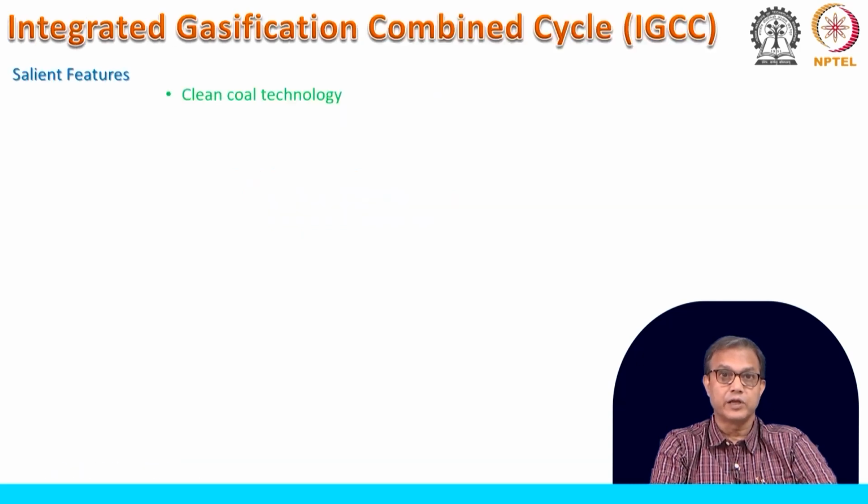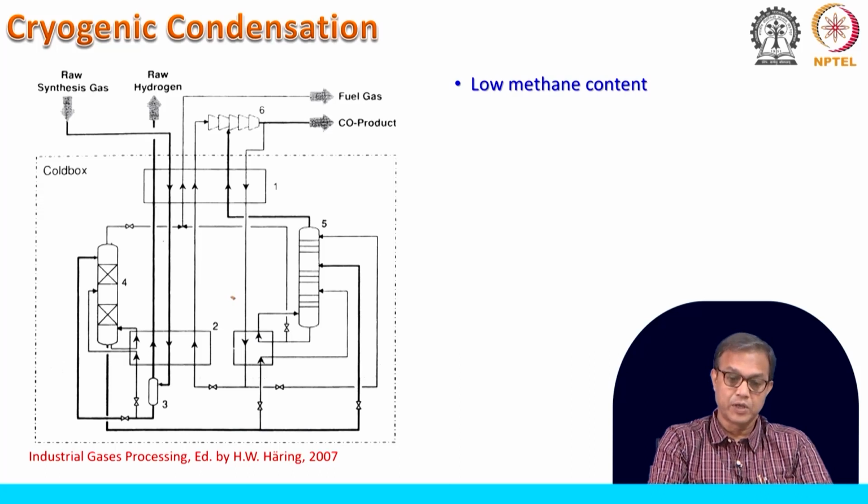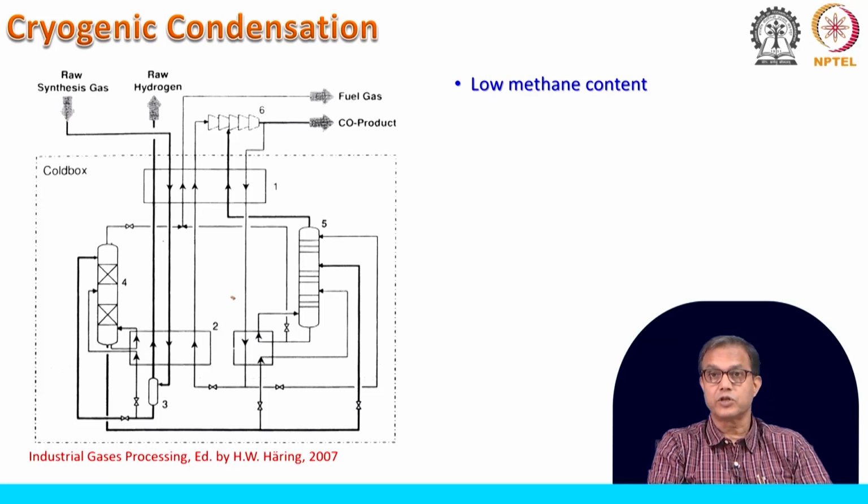So, we are talking about the cryogenic condensation part. This cryogenic condensation is when you have the less methane content. So, we have talked about the steam reforming, partial oxidation, and there we have seen that it is generating the CO plus H2.